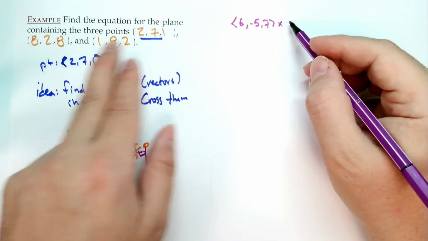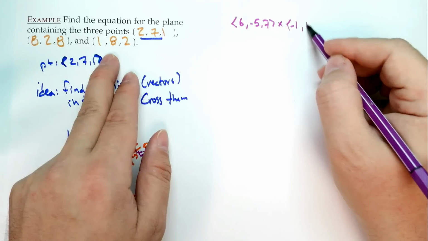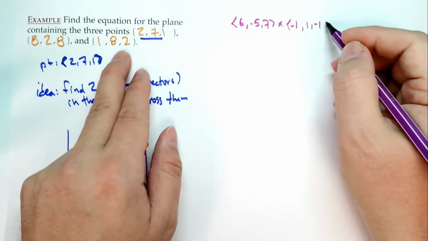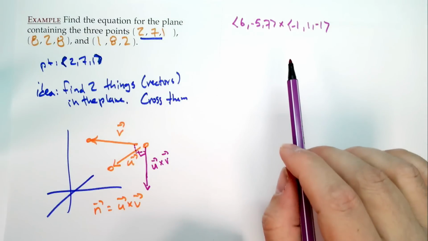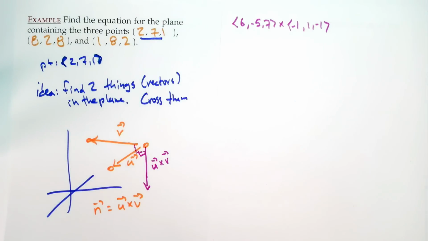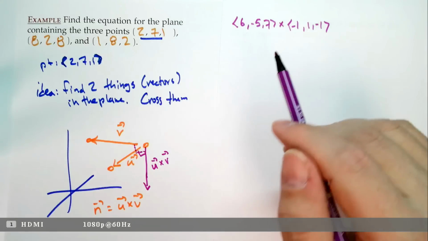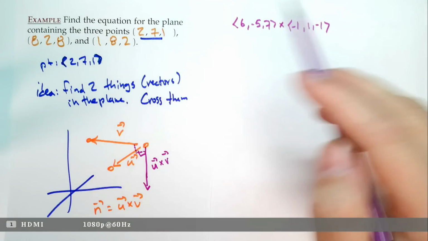And for the other, from (2,7,1) to (1,8,2): 2 to 1, -1. 7 to 8, +1. 1 to 2, -1. Okay, so those are my 2 vectors. Now, what do we do? Well, we're going to take their cross product, and I think there's a mistake here.